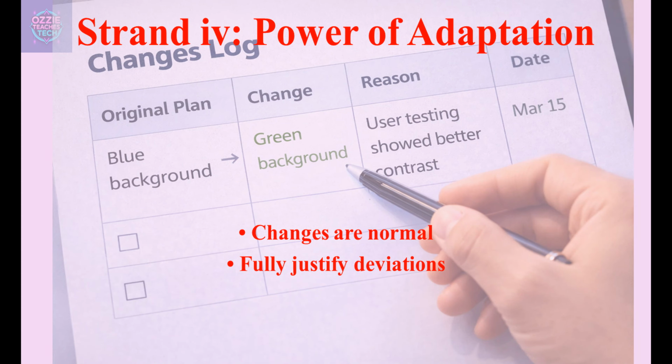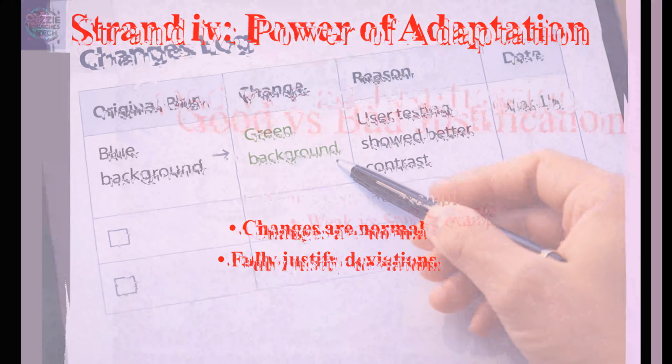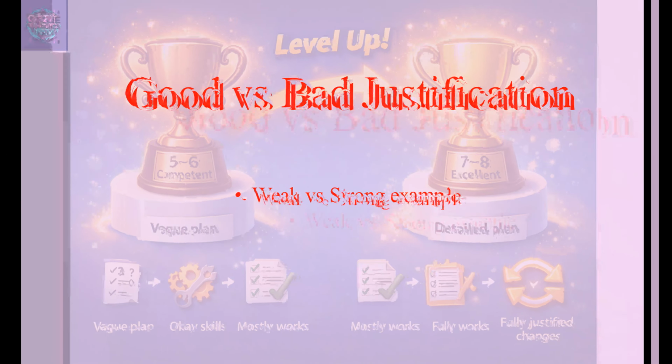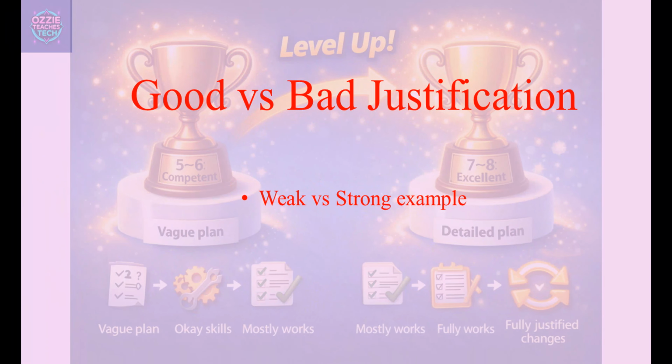This aligns with my design specification requiring high contrast for accessibility. See the difference? Good justifications reference testing or feedback, design specifications, technical limitations or discoveries, research or expert advice, and time or resource constraints.